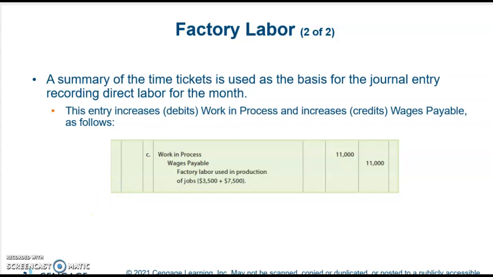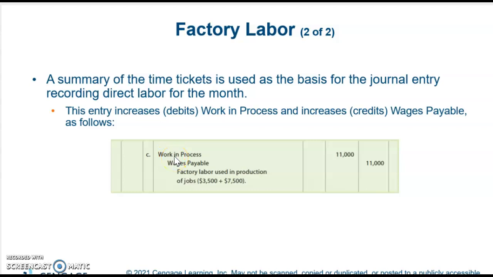Now what we're used to seeing here is wages expense, a debit to wages expense, and a credit to wages payable, but we're not doing that because those are period costs. These are product costs. This labor went into making a product. So we're going to put it in the cost of that product, and it's not going to get expensed until we sell it.